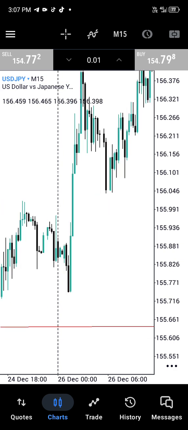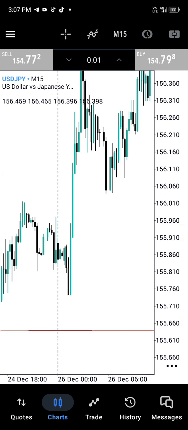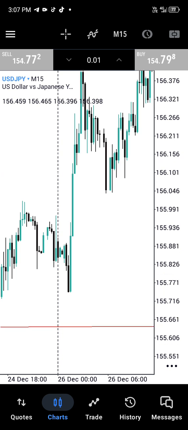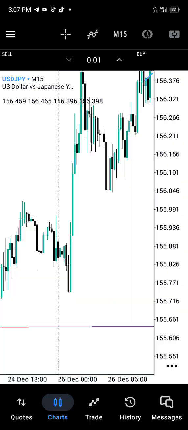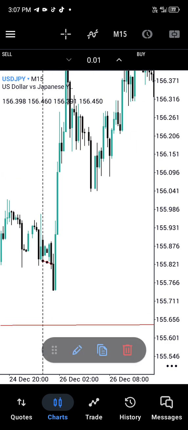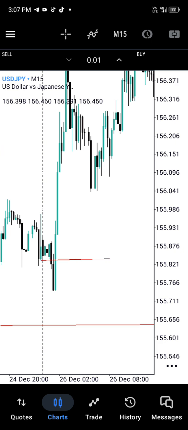So what am I looking at right here? I'm looking at midnight exactly to get a close below this low, below that low, but it accumulated a little bit, forming some other bullish candles.